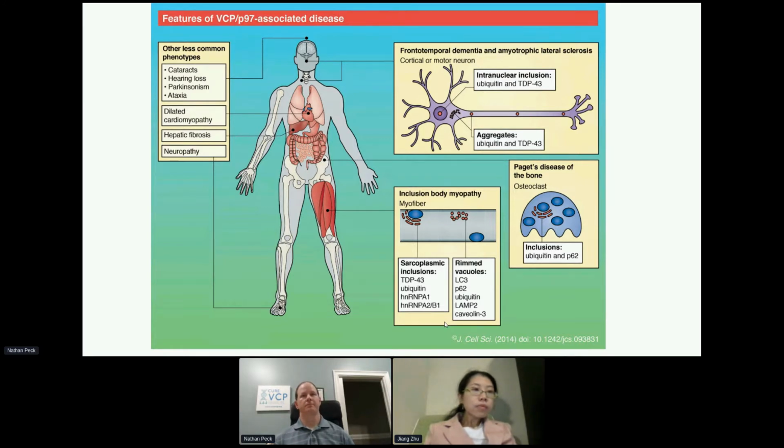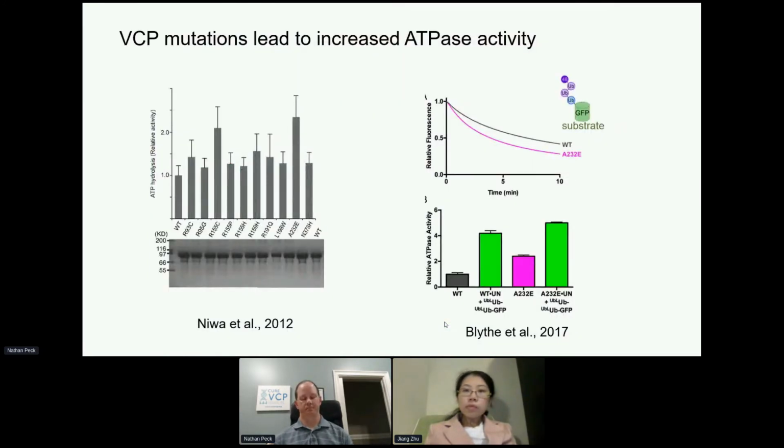Next one, please. And people have put in efforts to characterizing the VCP mutations, and they have shown in biochemical analyses that it leads to increased ATPase activity. Here on the left, you're looking at the study by Paul Freemont's lab where they purify the VCP mutants from E. coli and analyze ATPase activity, and mostly we see increase of activity.